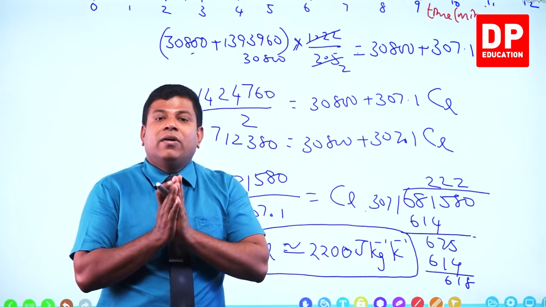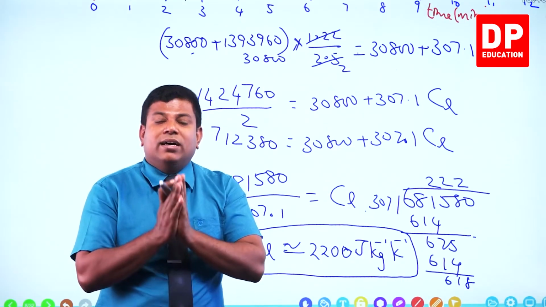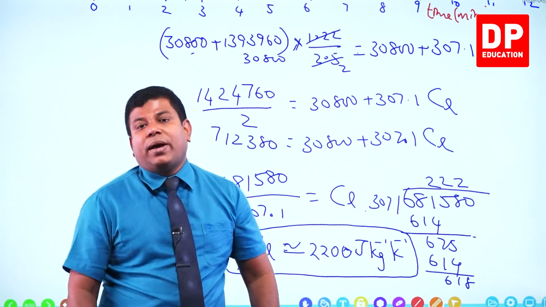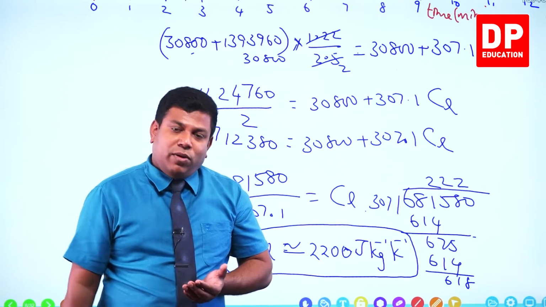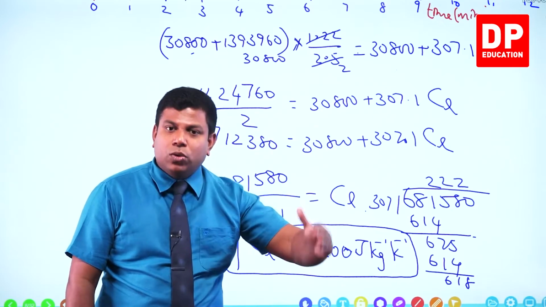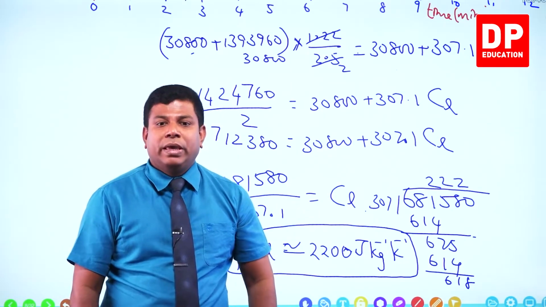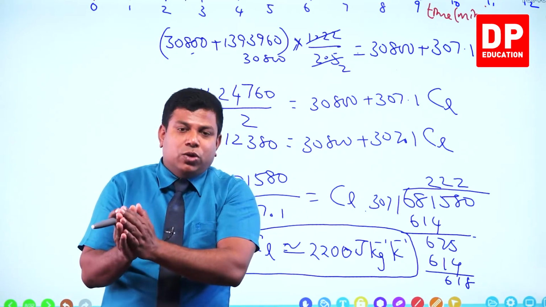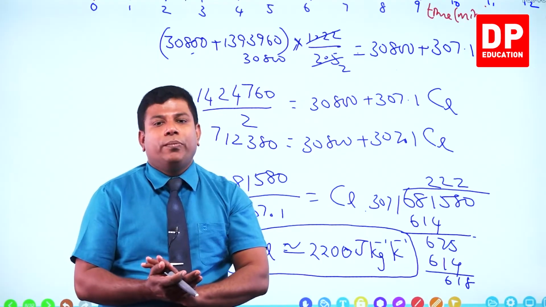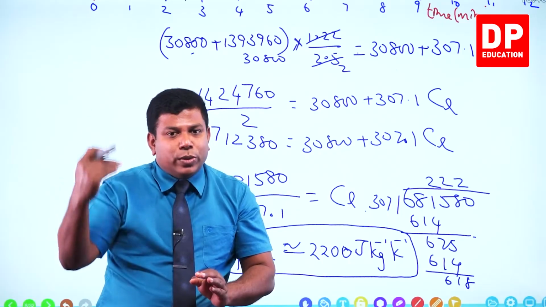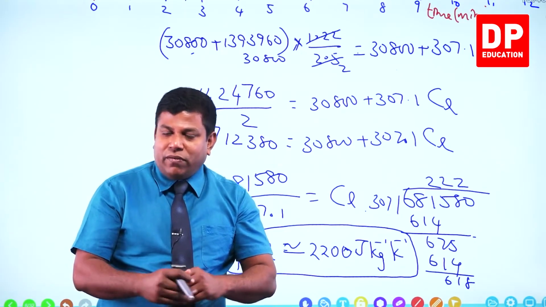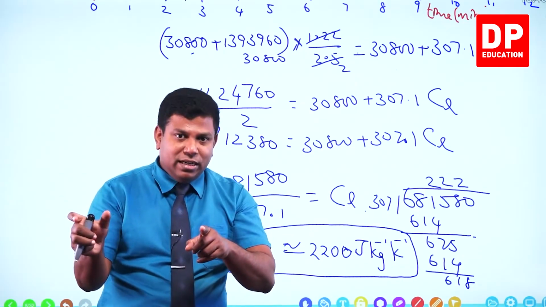So this is what we do to find the specific heat capacity of a liquid using the cooling method. We let the water cool and draw the cooling curve. And whichever is the unknown liquid, you draw the cooling curve for that also on the same graph. Then from one particular temperature to another, find how much time both have taken.